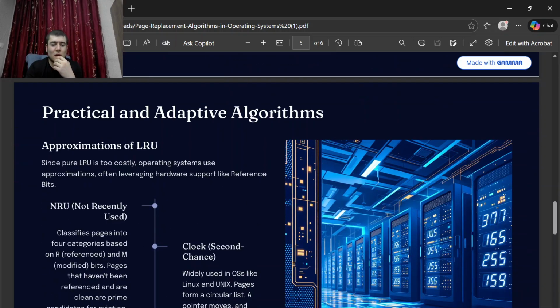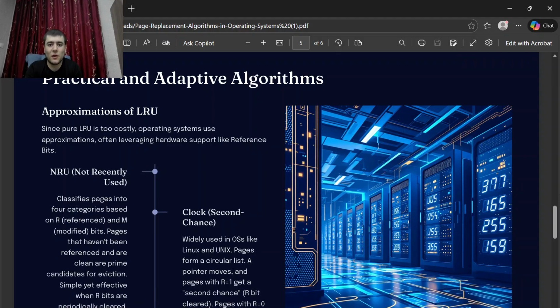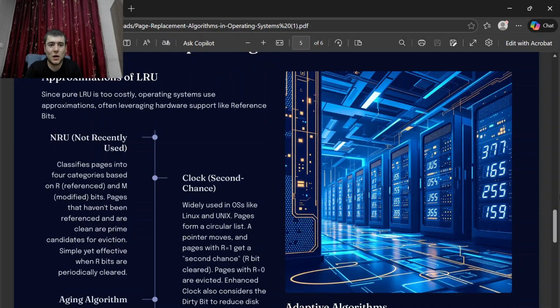Now I will talk about practical and adaptive algorithms. Approximation of LRU: since pure LRU is too costly, operating systems use approximations, often leveraging hardware support like reference bits.